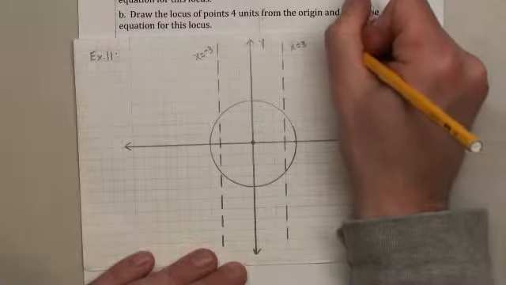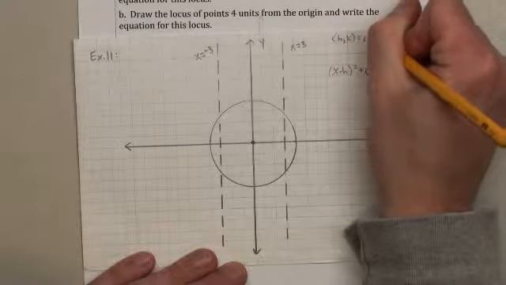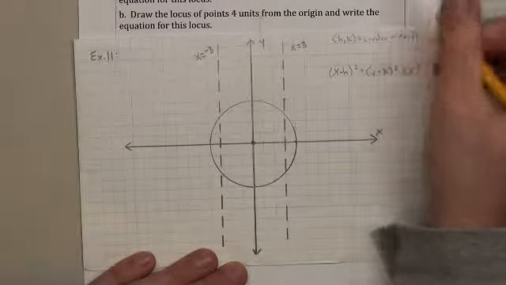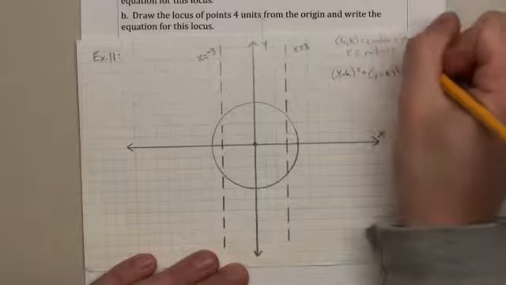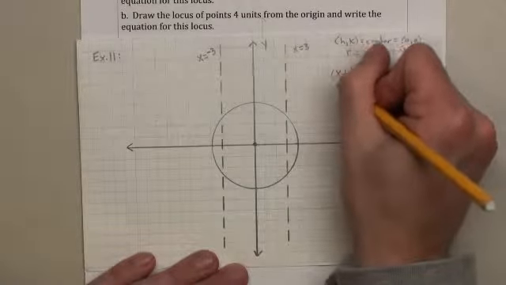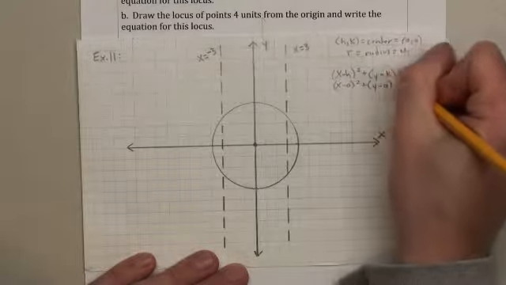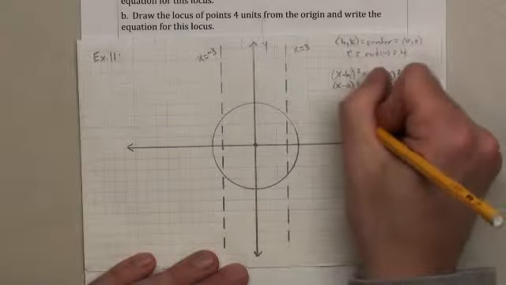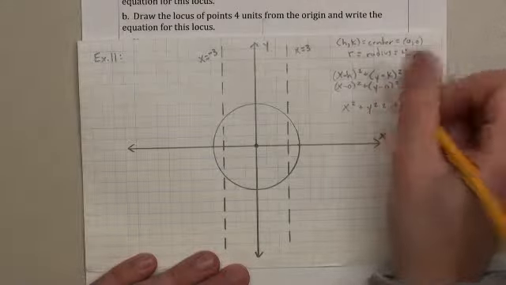Right? Where h comma k is the center, which in our problem is 0, 0, and r is the radius, and in our problem it's 4. So what do we have? We have x minus 0 squared plus y minus 0 squared equals 4 squared. That would be x squared plus y squared equals 16.